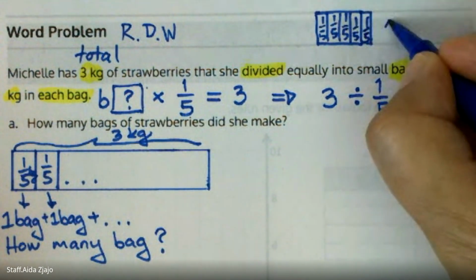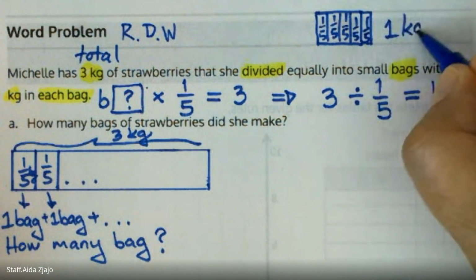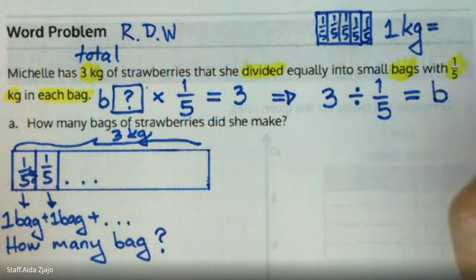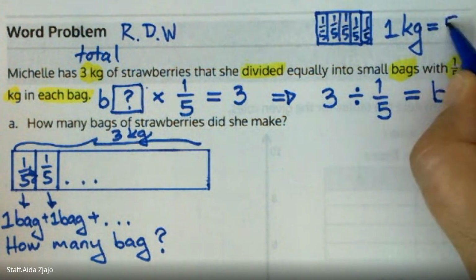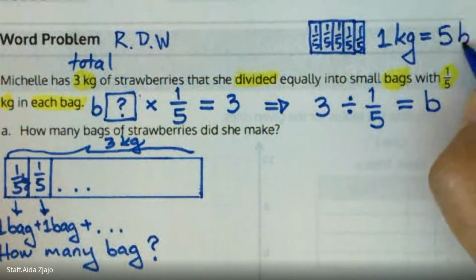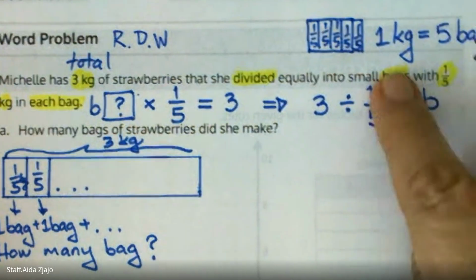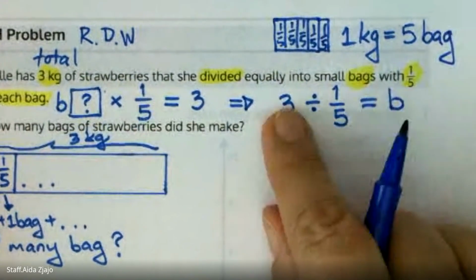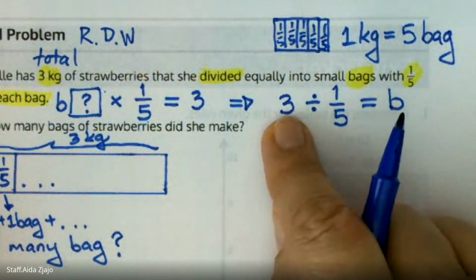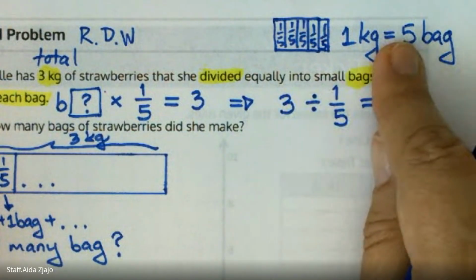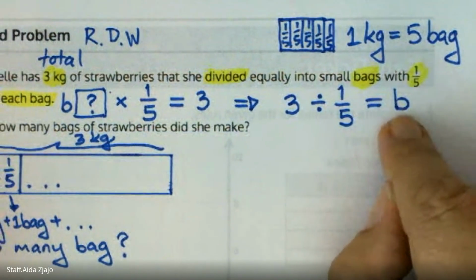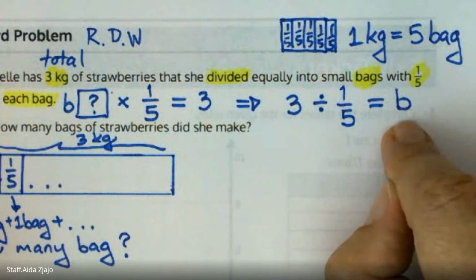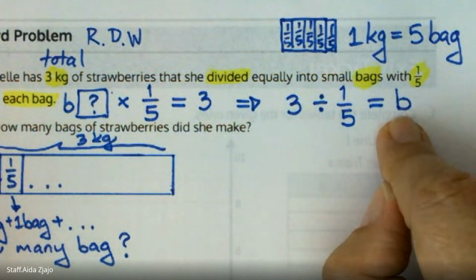If this represents 1 kilogram, she can make 5 bags from 1 kilogram. But she has 3, so automatically you can think that 3 times 5 gives you the number of bags. That's 15 bags.